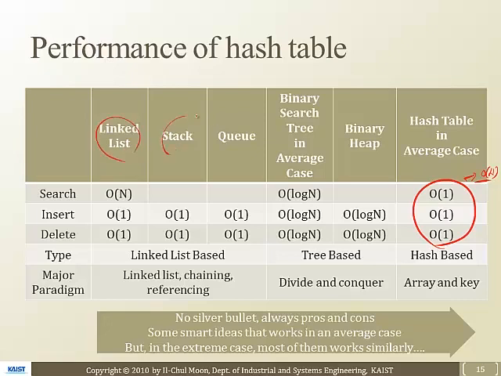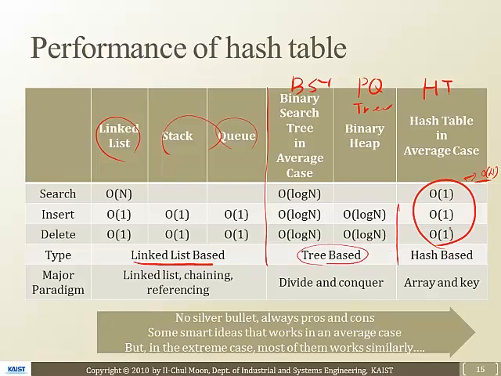Here, the linked list, stack, queue, binary search tree, the priority queue based upon a tree, and the hash table are being compared. Up to queue, we use a linked-list-based approach. Up to heap, we are talking about trees.